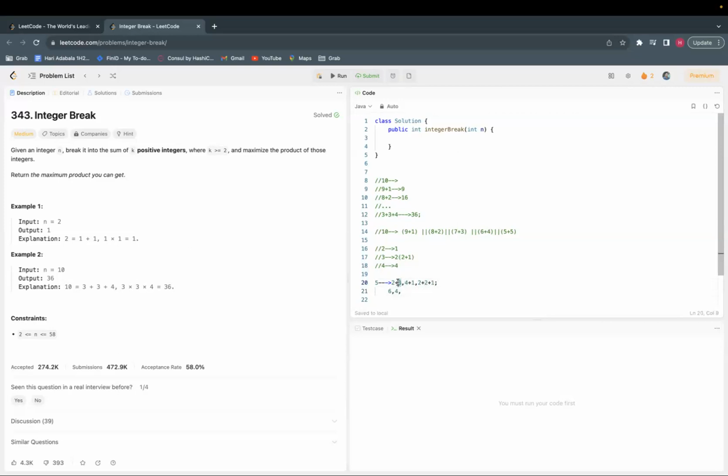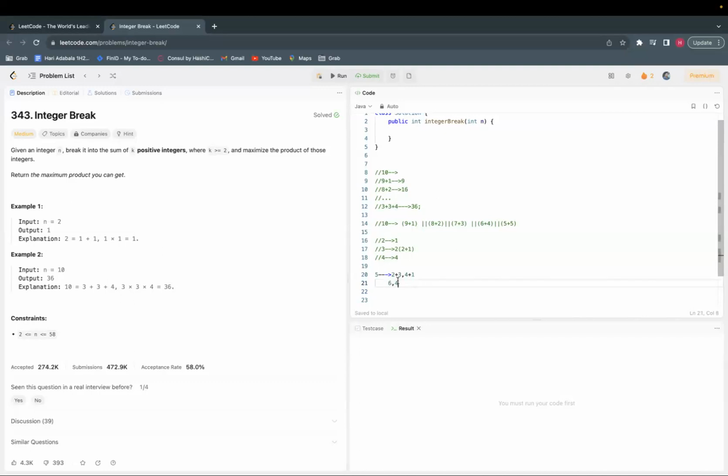As I mentioned, for 3, we need not break it further. So these are the only 2 possible ways to divide 5. And let's go for 6. For 5, the answer will be 6.